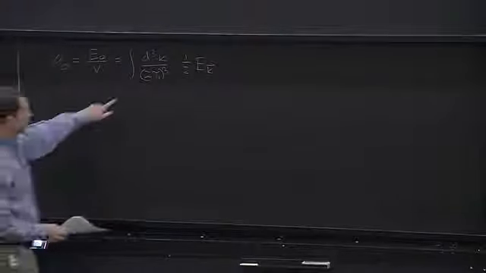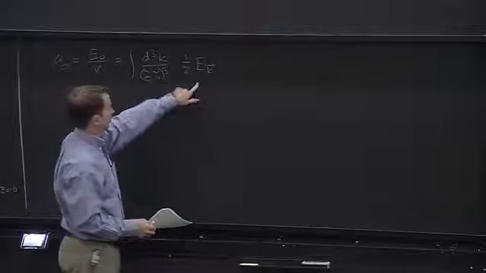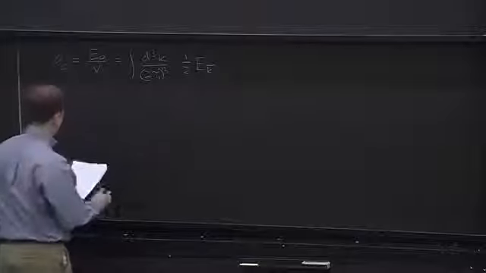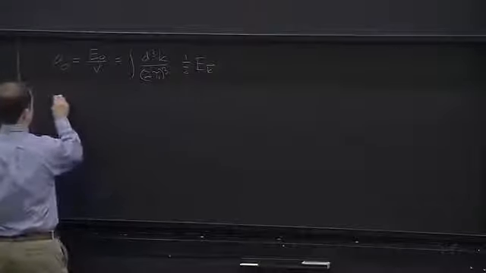This is just the sum of the ground state energy of each of the harmonic oscillators. So this is what's known as a UV divergence.